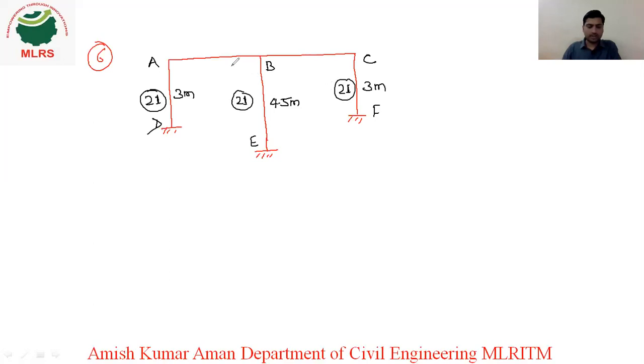For these two spans AB and BC, the moment of inertia is 5I. Here also the span is 4.5 meter.